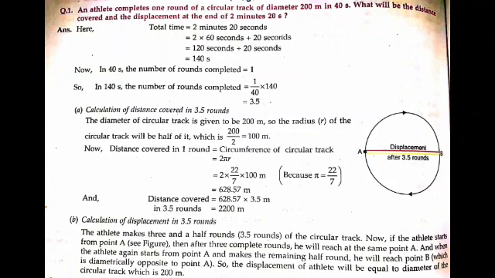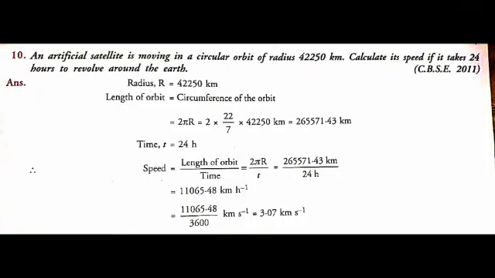Let us consider the second numerical, and in this, an artificial satellite is moving in a circular orbit of radius 42,250 km. Calculate its speed if it takes 24 hours to revolve around the earth. Here in this, radius r is given equal to 42,250 kilometers.